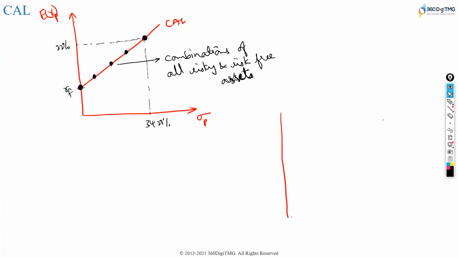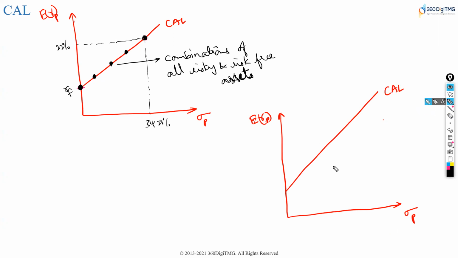And then I want to explain another concept. That is the same. Let's take expected return on the y-axis, and let us take risk on the x-axis. Suppose this is your capital allocation line.